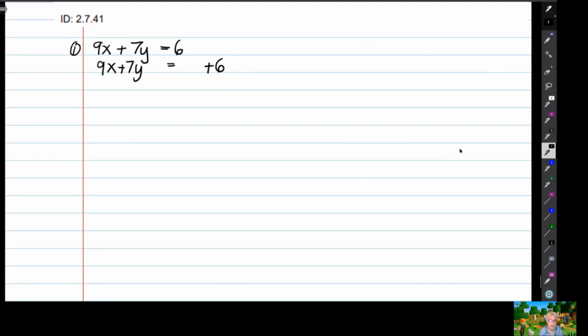Now I need to get 9x away from the 7y. So since it's added on, I subtract it off. If it were negative, I would have added it, but usually this term is positive because there's a rule.